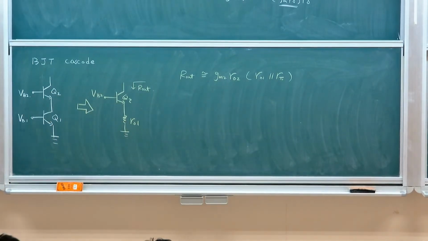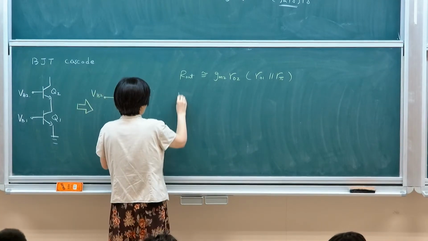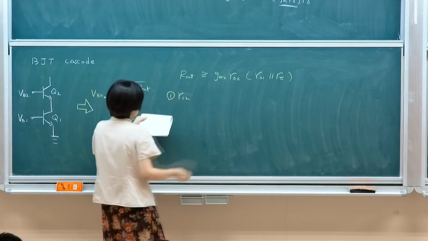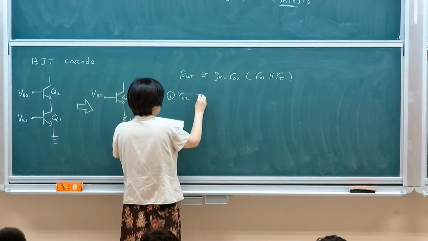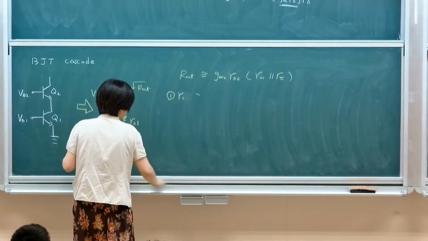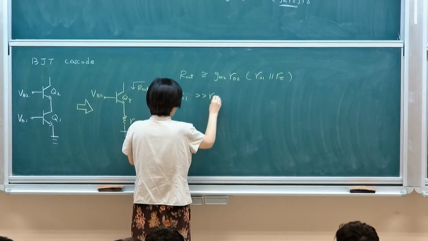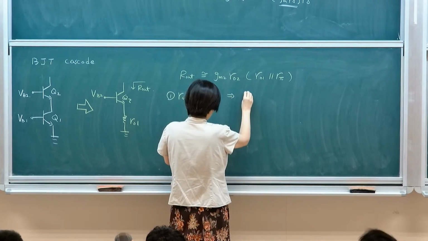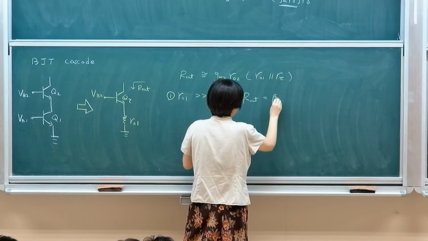And we know that in this case there are two scenarios. Let's discuss that. For RO1, sorry, output resistance much, much larger than r-pi, your overall R out would then be beta RO.